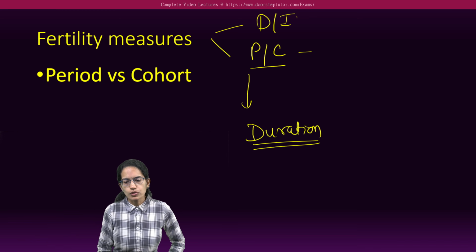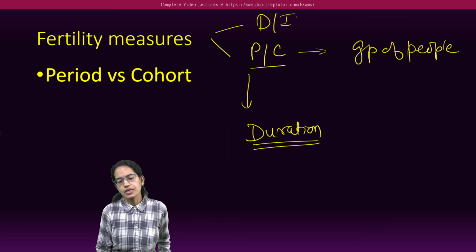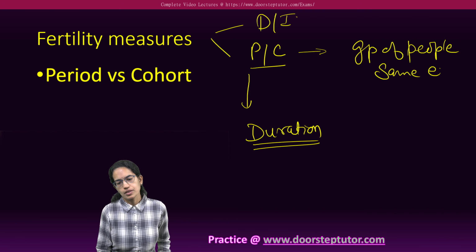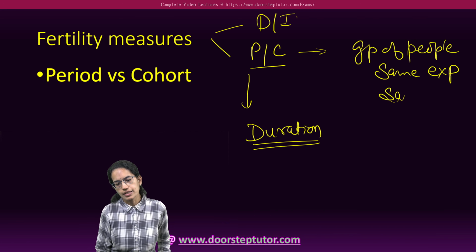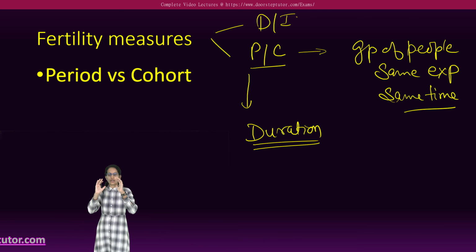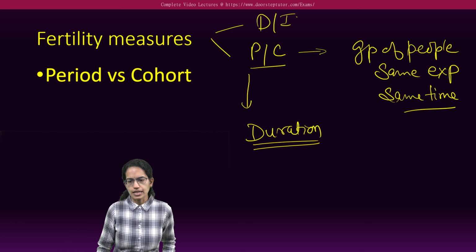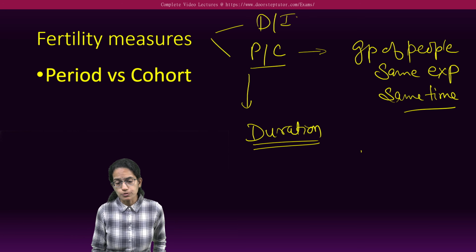Cohort indicates the group of people who have the same experience at the same time. Same experience at the same time, right? And that is what is called a cohort. So it's a group of people who have similar parameters that could be taken into account together.